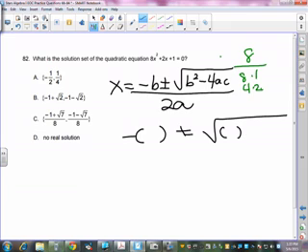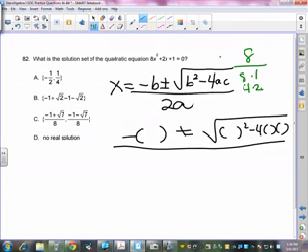Okay, so what we're going to do now is plug in our stuff. Okay, so a is going to be equal to 8, b is 2, c is 1.